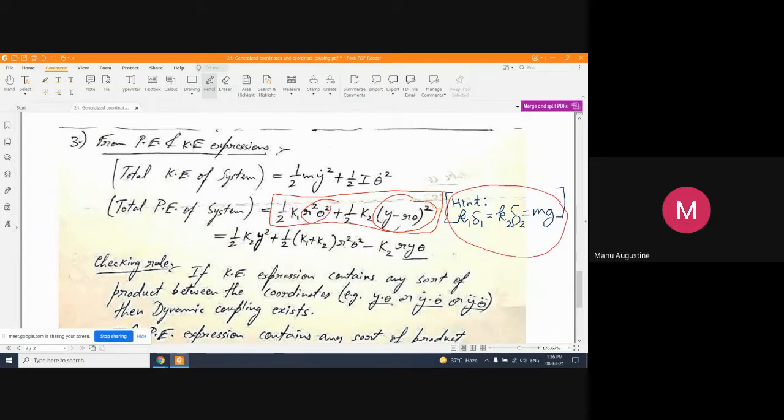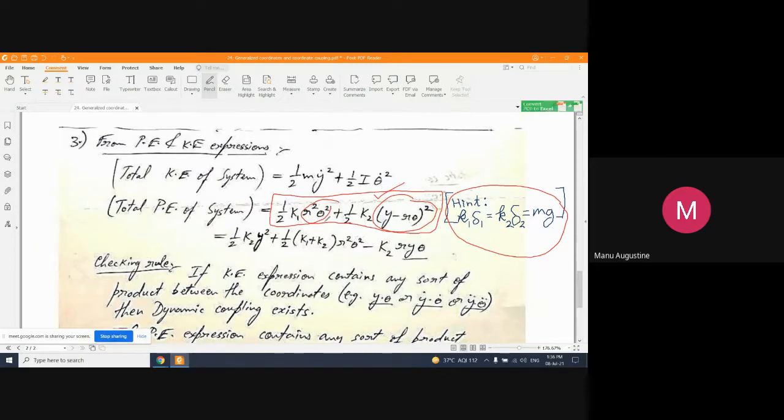You can take up a small research, I would say. Go and search on the internet and your textbooks and find out why this eventually comes out as the correct expression for the total potential energy of the system, in which the loss of gravitational potential energy due to the mass coming down will eventually get cancelled out.